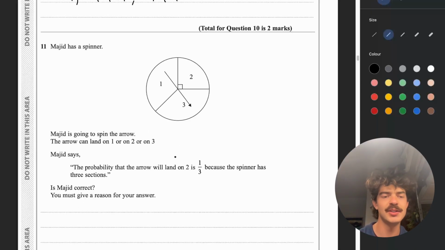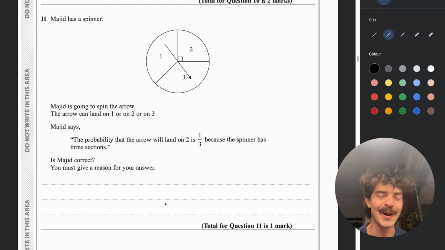All right, question 11. We've got a spinner, and the arrow can land on a 1, 2, or a 3. The probability that the arrow will land on a 2 is 1/3 because the spinner has 3 sections. Why is this incorrect? She is not correct, but why is she incorrect?